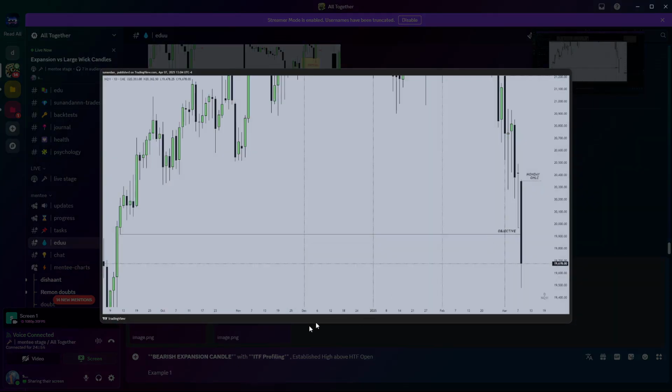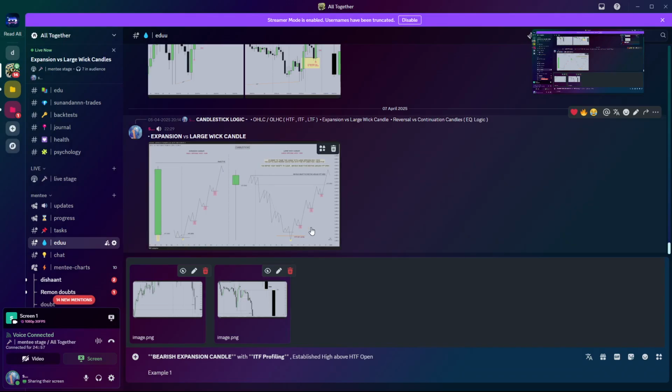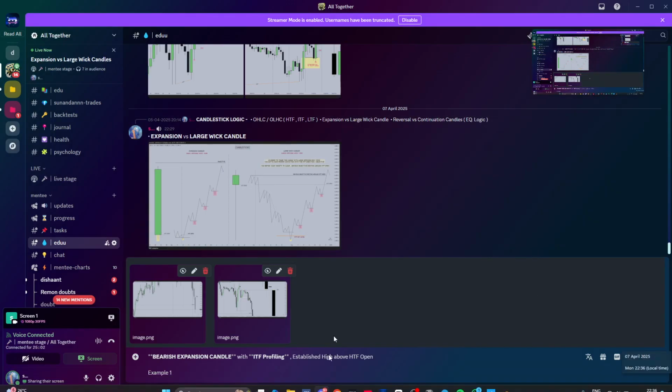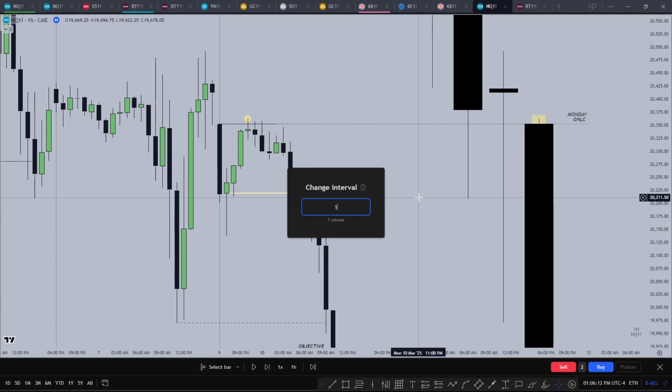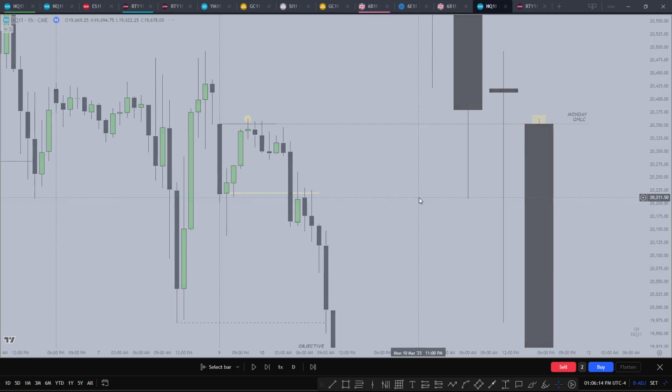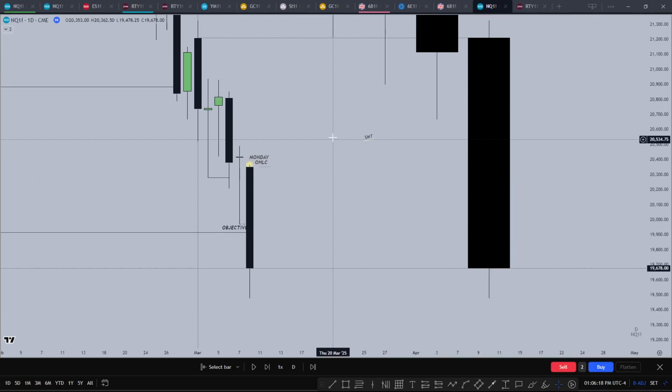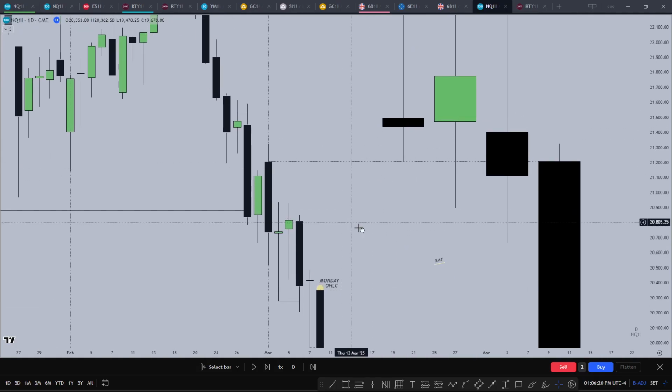Okay, daily. Now good. So now let's move on to another example. One more expansion candle, and then we will cover large wick candles.